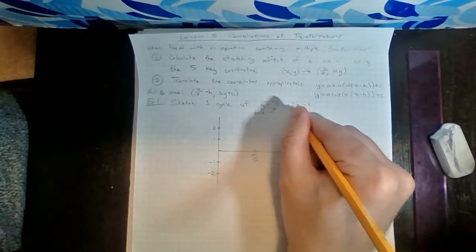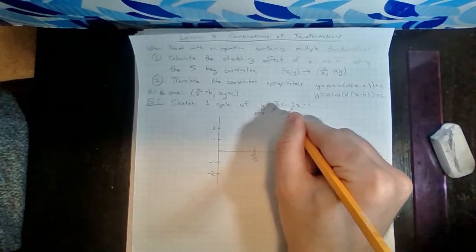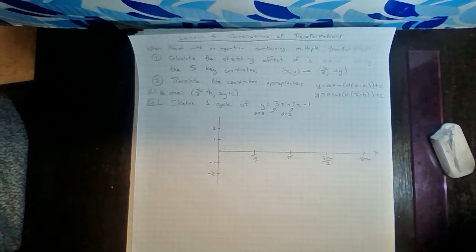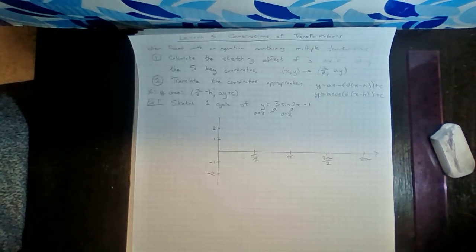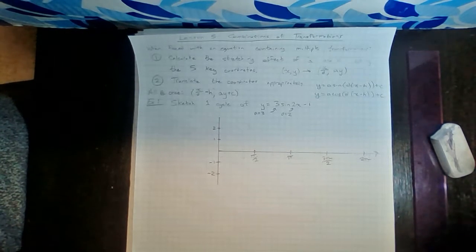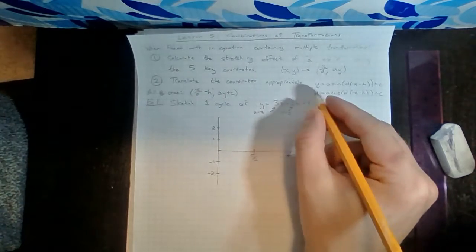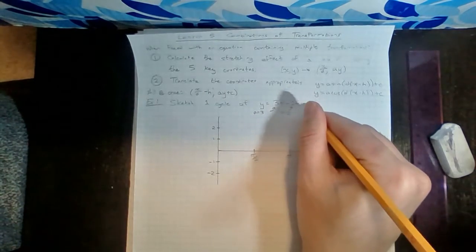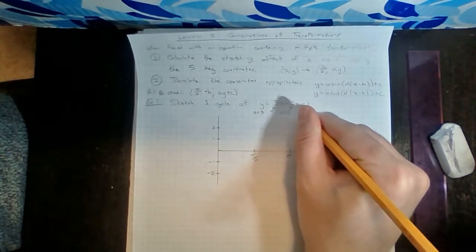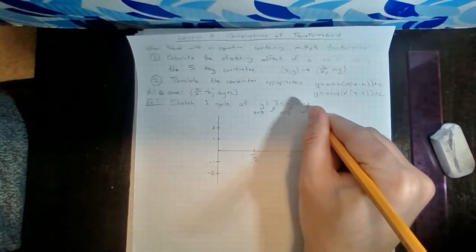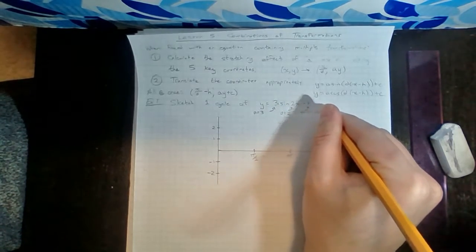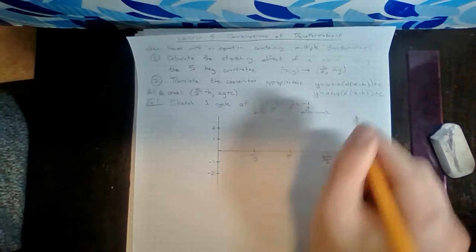We have a d value of 2. So we're going to have a horizontal compression by 1 over 2. And we have a c value of negative 1. We're shifting down 1.